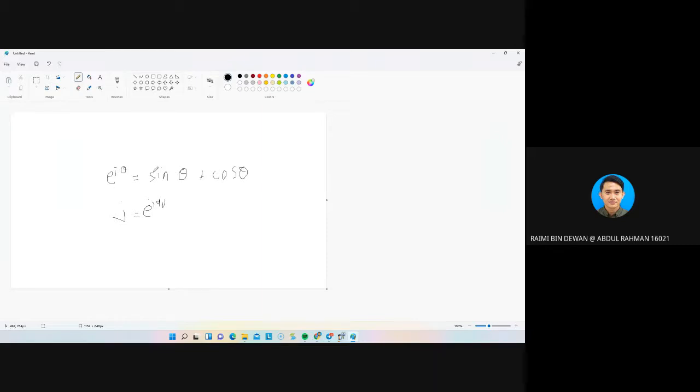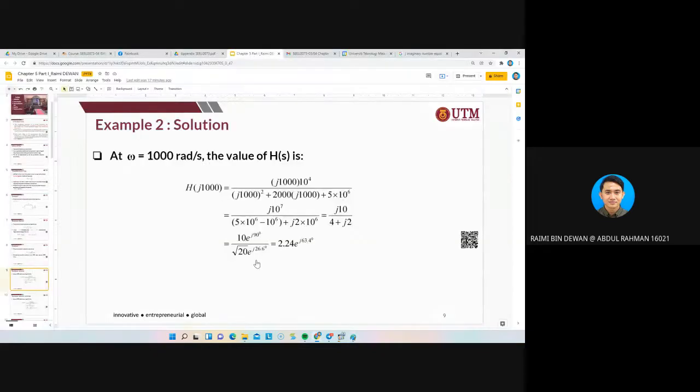Okay, which part of here has j? Is it here or is it here? You can refer to the appendix, or if you want to see whether you remember or not, you should be able to answer it right away. Then you substitute this j with your exponent equivalent, which is here.